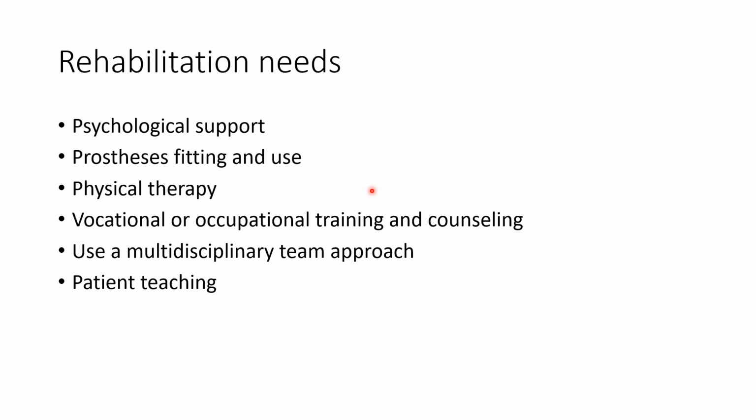Now maybe the patient needs to be in a wheelchair on top of everything else, so training them how to use a wheelchair, maybe they're on crutches, whatever it is. You have to make sure that we're addressing all of those concerns. So for sure, it is going to be a multidisciplinary team approach and a lot of patient teaching.